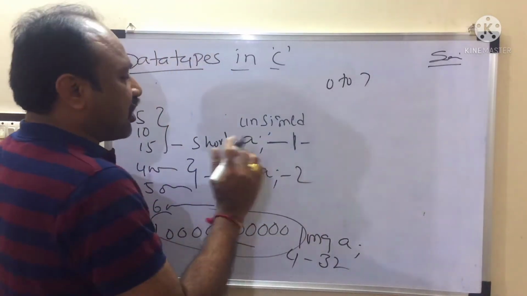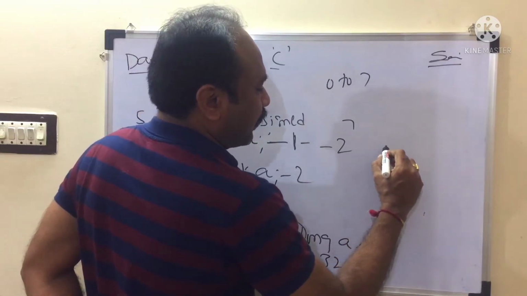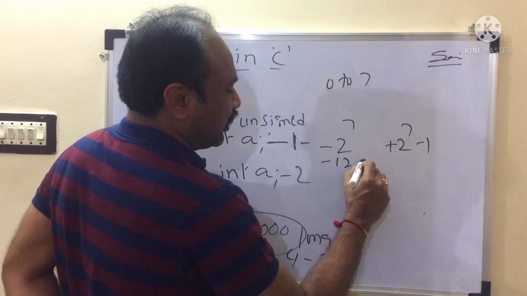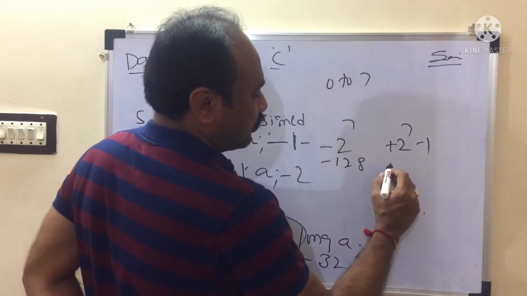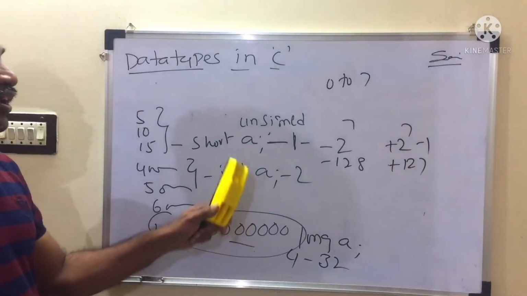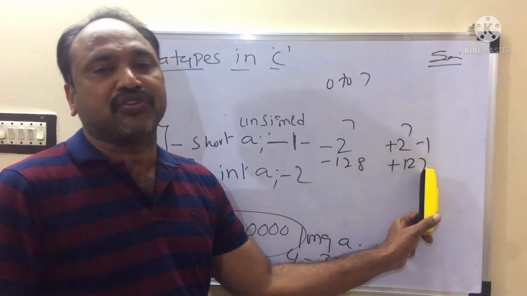The range of short integer is minus 2 power 7 to plus 2 power 7 minus 1. Minus 2 power 7 is minus 128, and plus 2 power 7 minus 1 means plus 127. That means short integer will accept values from minus 128 to plus 127.